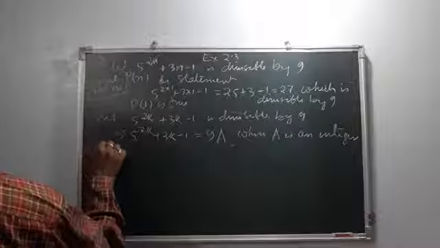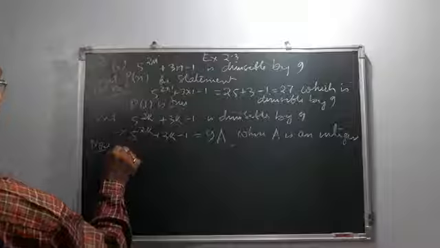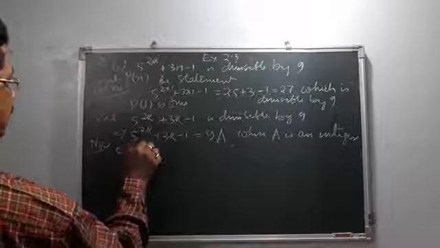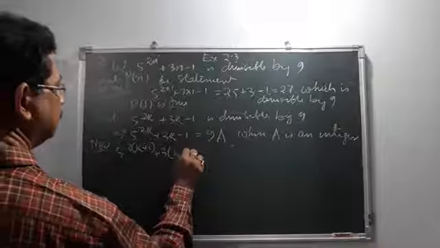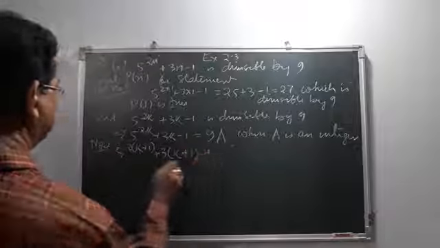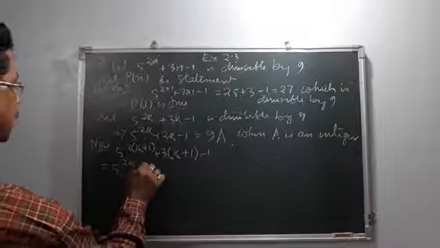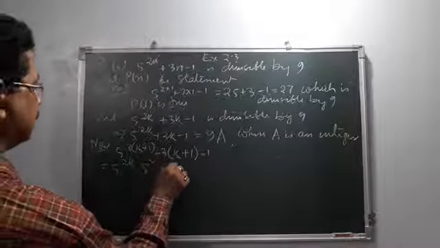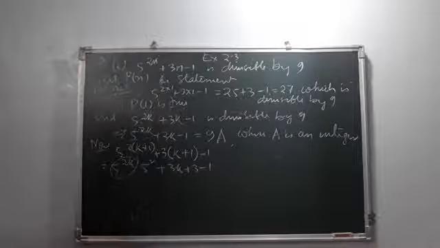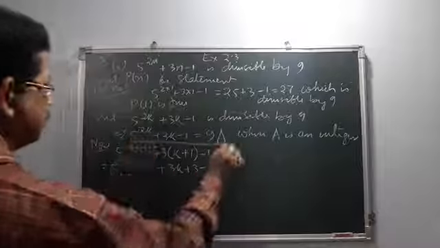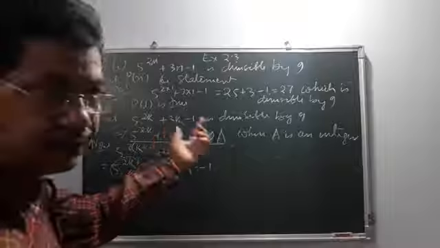Now we will write, instead of n, we will put k plus 1: 5 to the power 2(k plus 1) plus 3 to the power (k plus 1) minus 1. So we can write 5 to the power 2k into 5 square, plus 3 to the power k into 3, minus 1. This 5 to the power 2k will be replaced from this one. Here 5 to the power 2k will be 9a minus 3 to the power k plus 1.